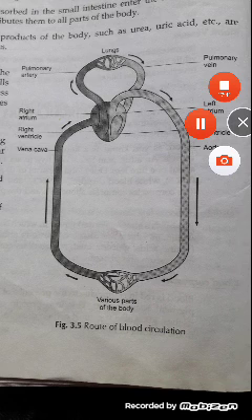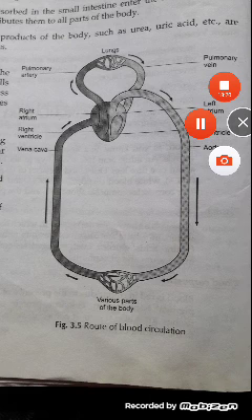The wall of the left ventricle is 3 or 4 times thicker than the wall of the right ventricle, as it pumps blood to the body, so its walls are thicker. When the left ventricle contracts, the oxygen-rich blood is pumped into the aorta for circulation to different parts of the body.